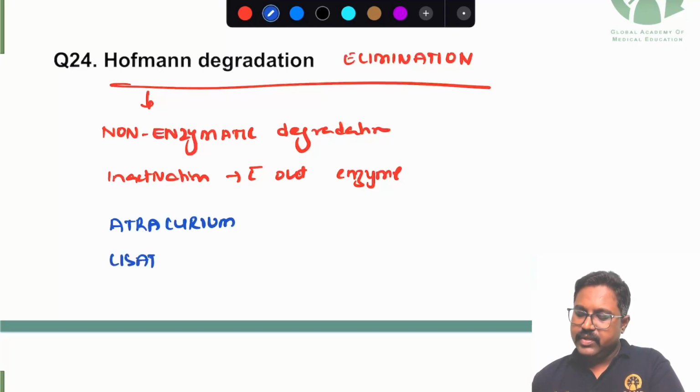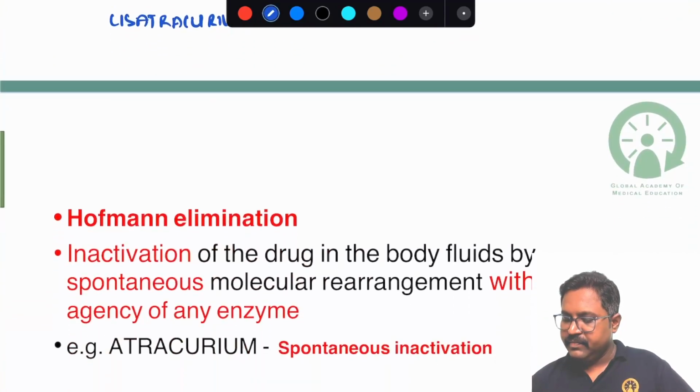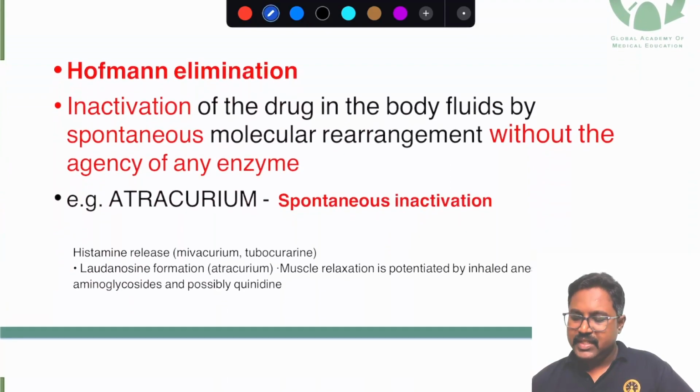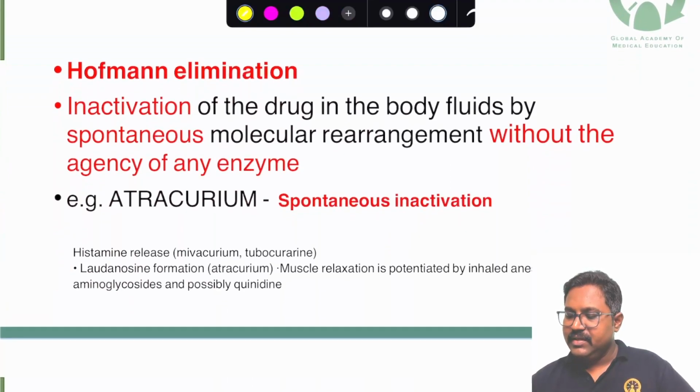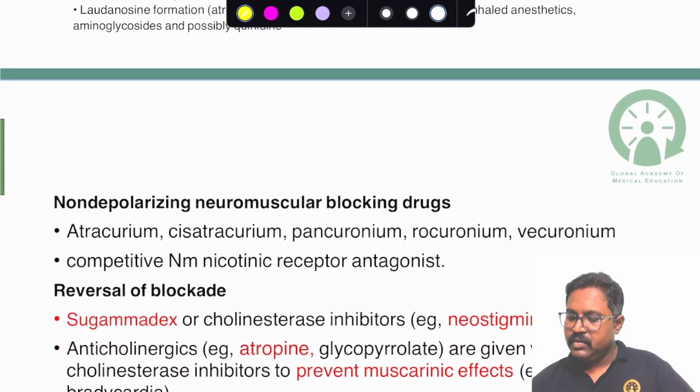cisatracurium, your non-depolarizing skeletal muscle relaxant. So basically, Hofmann's elimination, as we discussed earlier, is the inactivation of the drug spontaneously without any enzyme activity. The example is atracurium.